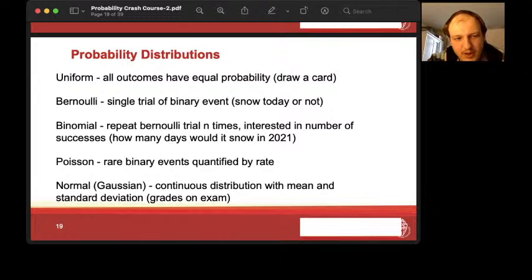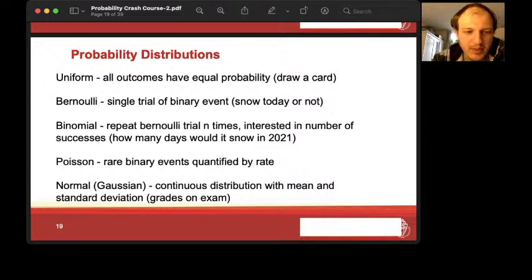Then for a Bernoulli trial, you always have a binary event, and you are interested in a single trial of that binary event. It could be a single coin toss or a yes or no question, for example, whether it's going to snow or not today. This is a single trial.